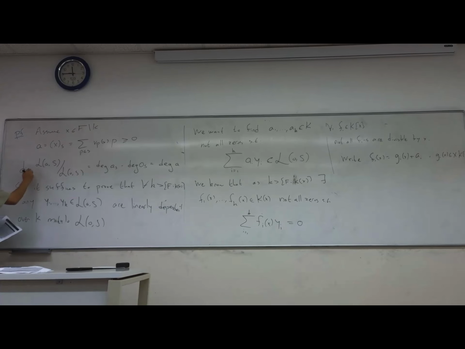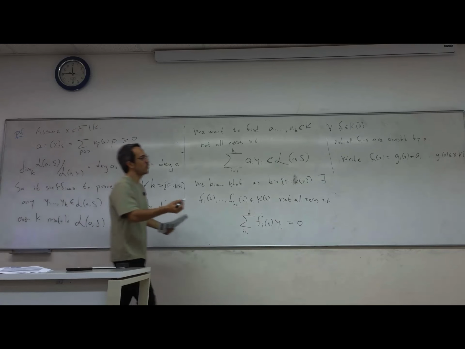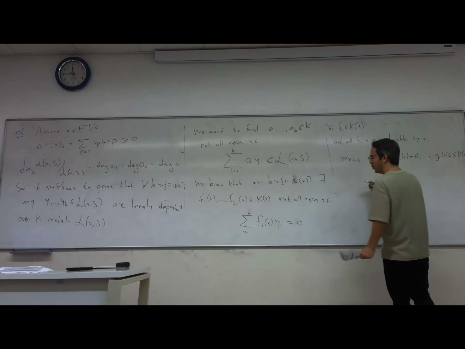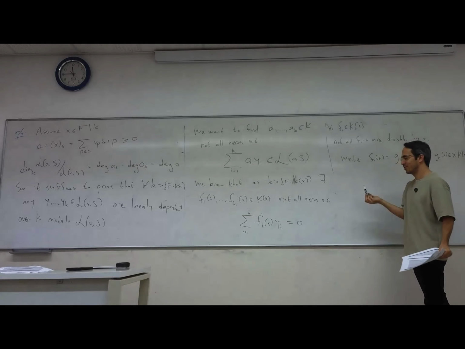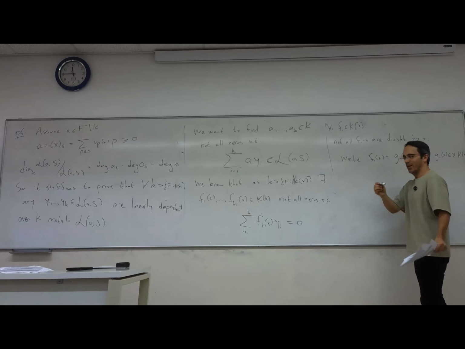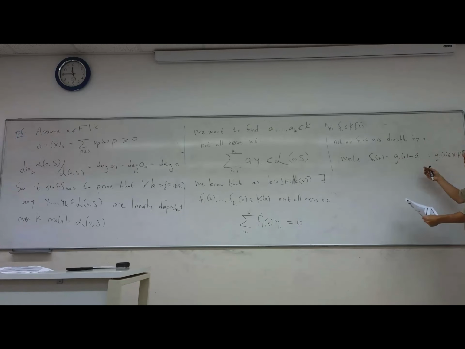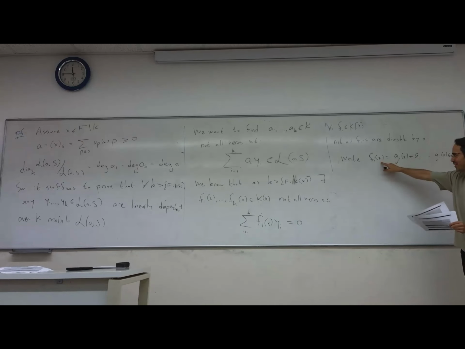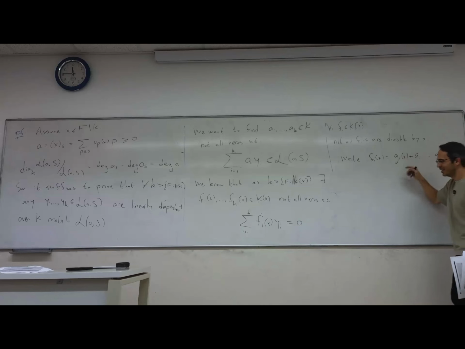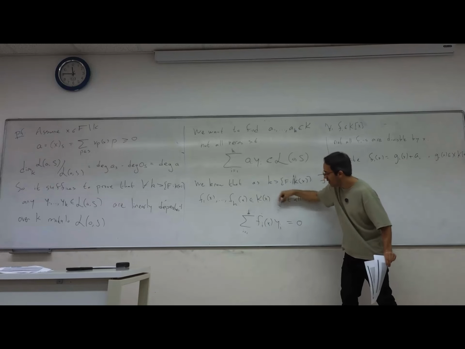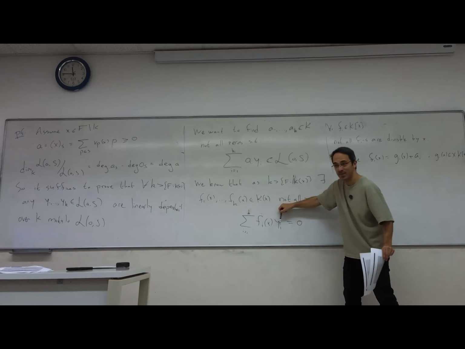The question was, Yuval says, we are done because you can just plug 0. Like this is a rational function, you can plug 0. So f_i of 0 is g_i of 0 plus a_i. So when you plug 0 here, you get only a_i times y_i.